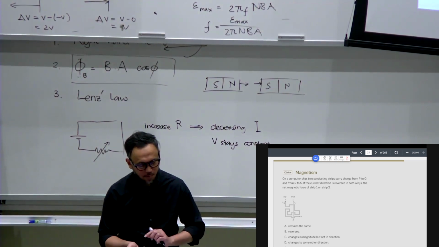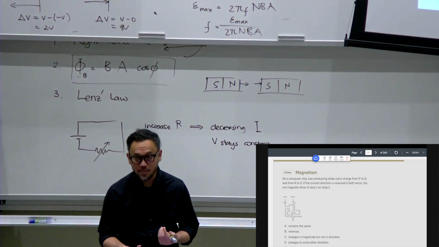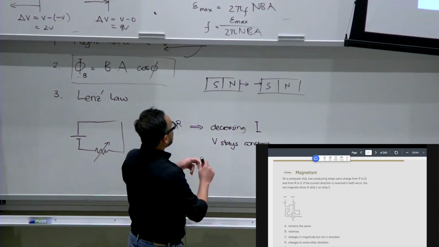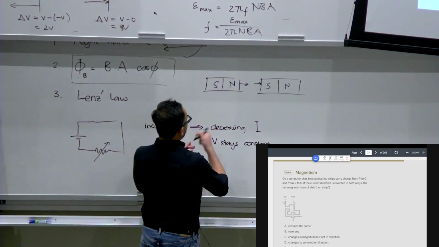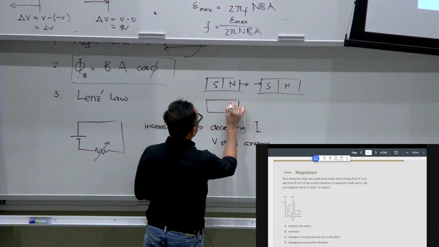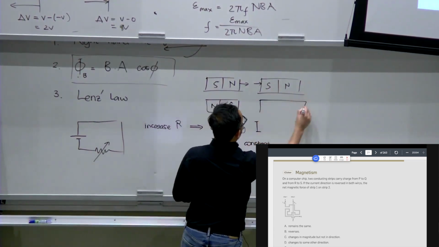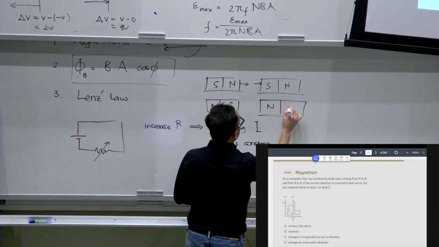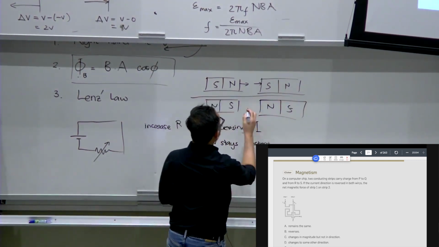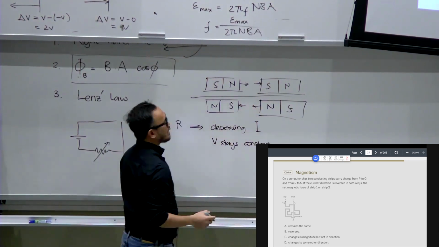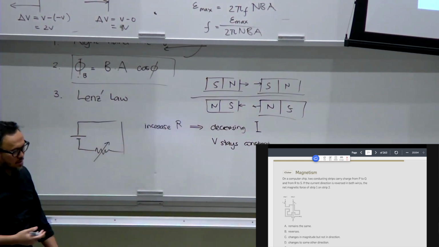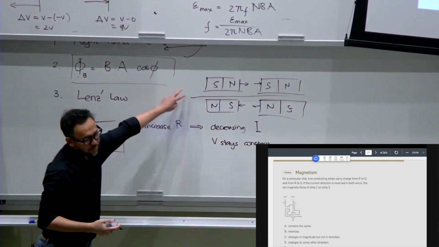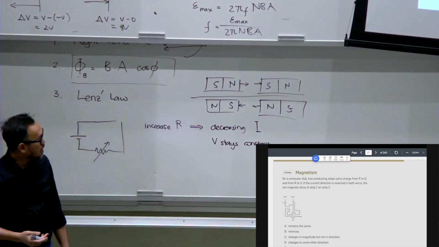Since you flip both of them, then it will remain the same. Meaning, this is the analog, not the perfect analog, but it's almost like you flip these two permanent magnets and you still get the same attraction or repulsion. Does it make sense? I'm just simplifying the problem for you.